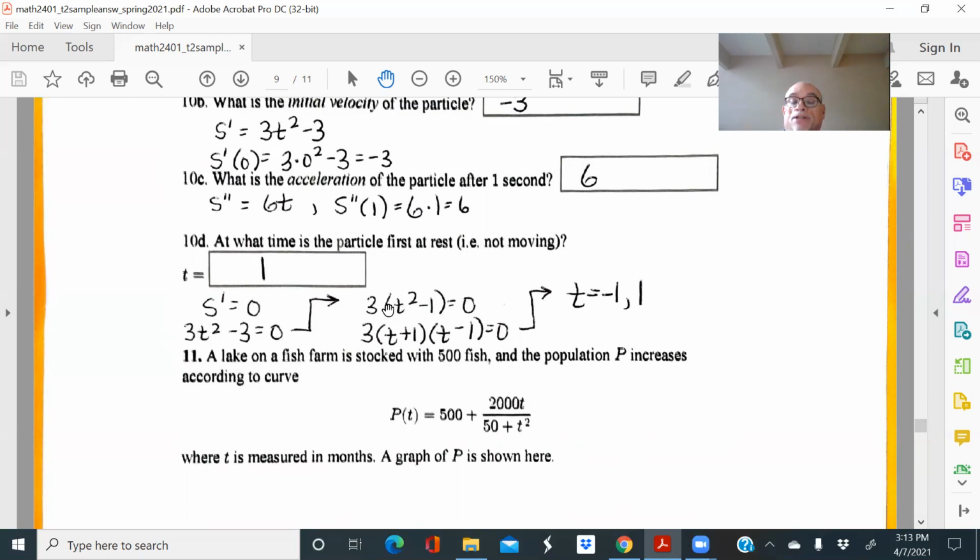That's a quadratic equation to solve. You can solve it by factoring, and you end up with these two values for t. We'll strike the negative one because it doesn't make sense to have negative elapsed time. So we have just t equals 1. After 1 second, the particle is at rest.